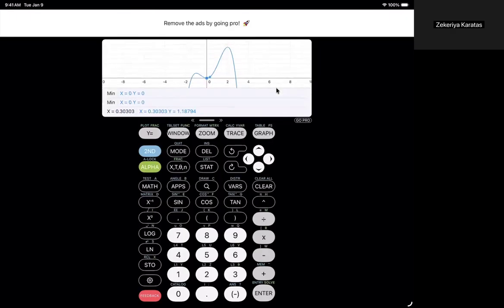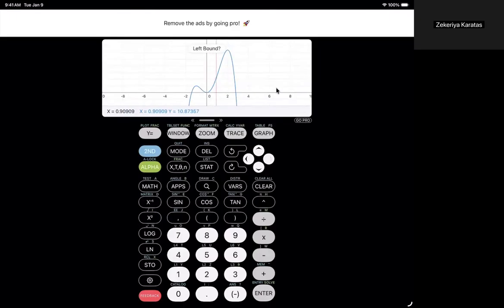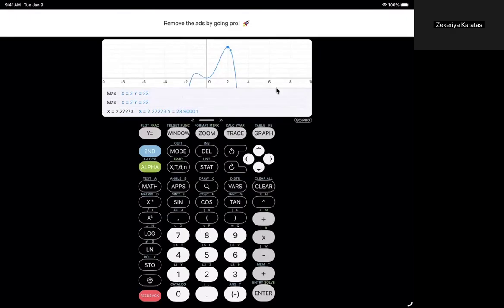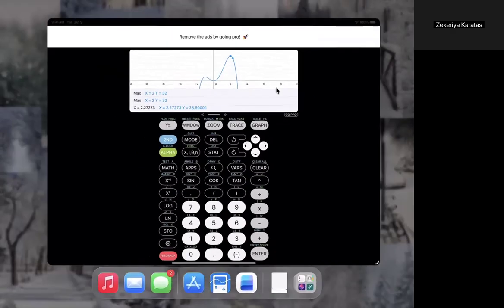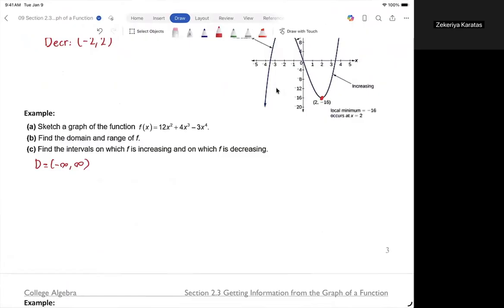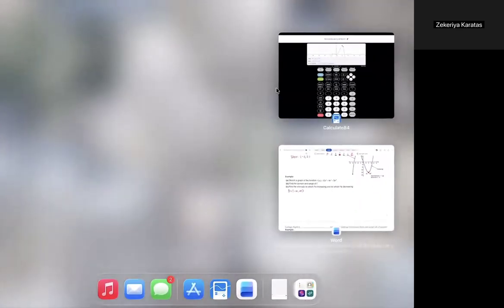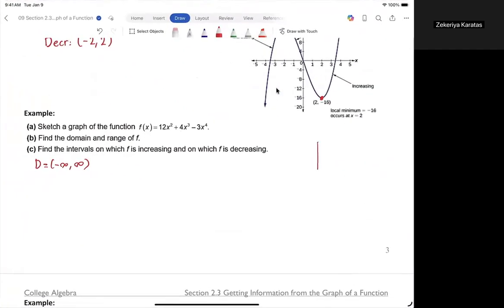It's going to be (0, 0). That point is really in there. But let's check the maximum. If you look at the left bound and the right bound, you got 2, 32. So the graph looks like this. Let me illustrate that. The graph passes through (0, 0).